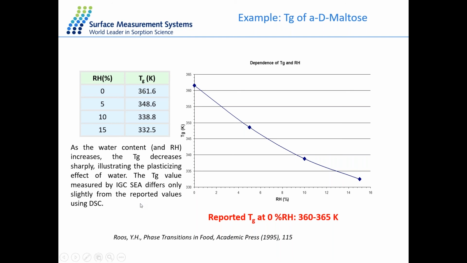As the water content, in this case based on relative humidity, increases, Tg decreases quite sharply. This illustrates the plasticizing effect of water on the material. The Tg value measured by IGC only differs slightly from the reported DSC values. In this case, at 0% relative humidity, we have a Tg of 360 to 365 Kelvin.